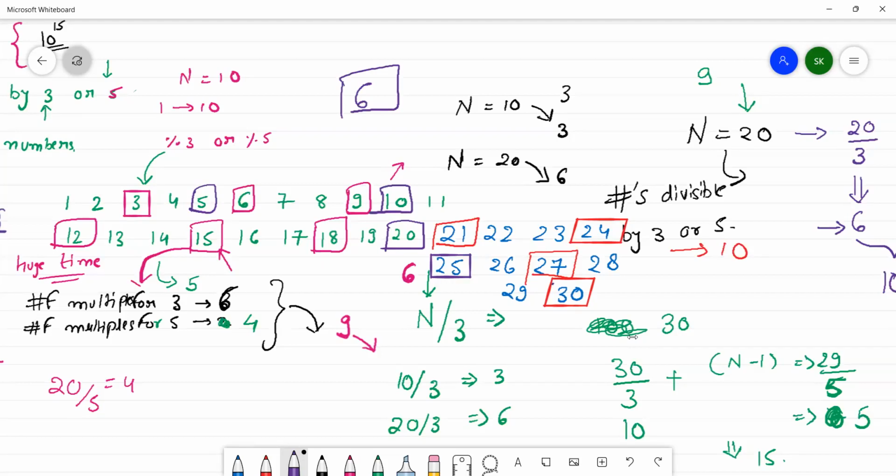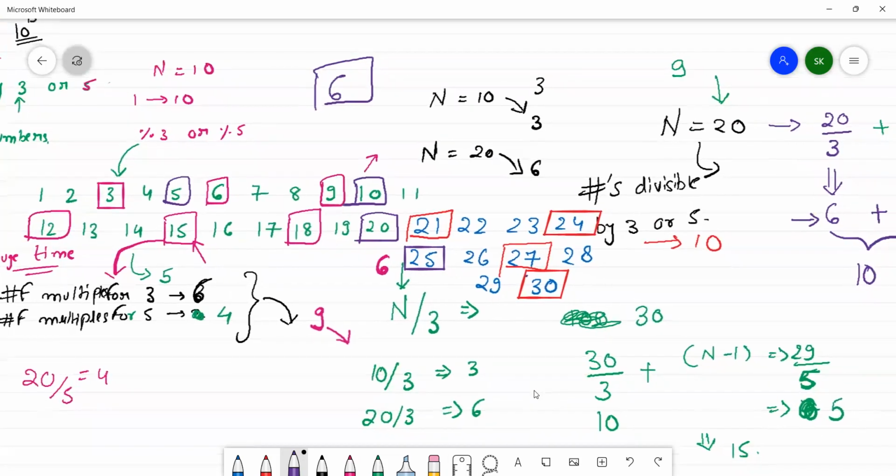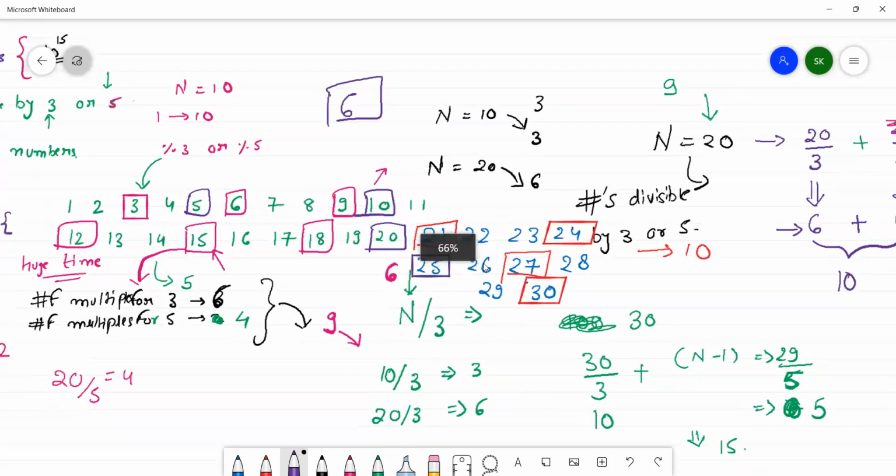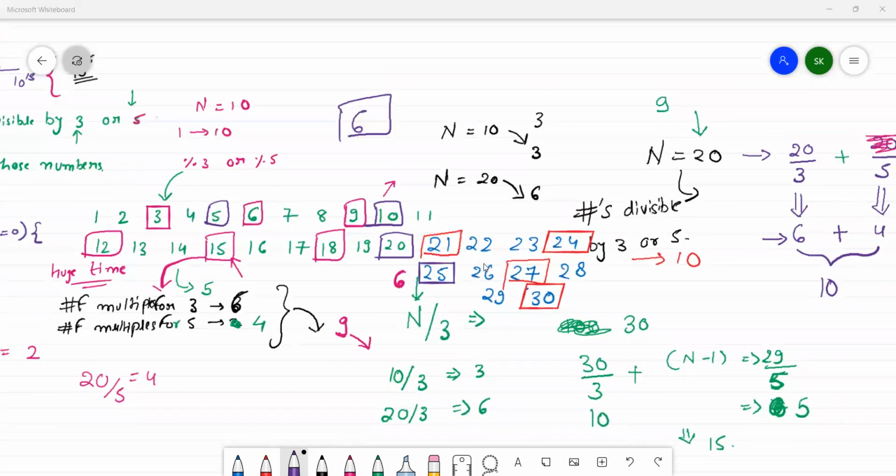How many of you are still confused with the problem? So if I see the total count of multiples of 5, I will get here 6. Correct? Everyone is getting this?